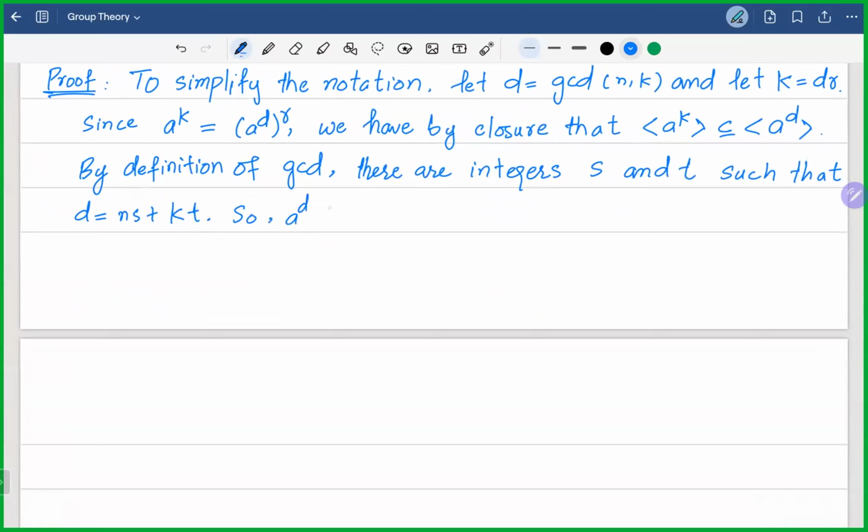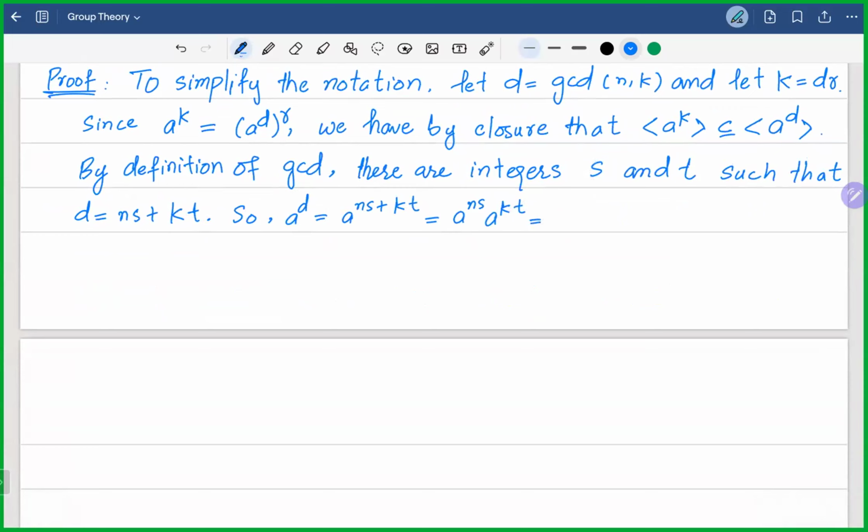Okay, so a power d is a power ns plus kt, which equals a power ns times a power kt.